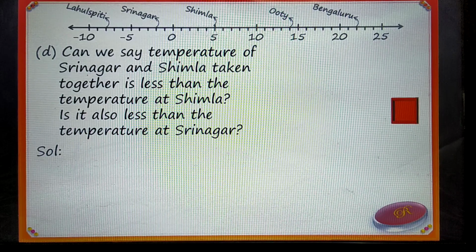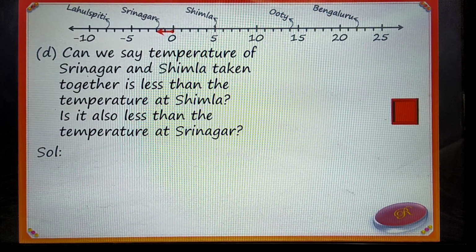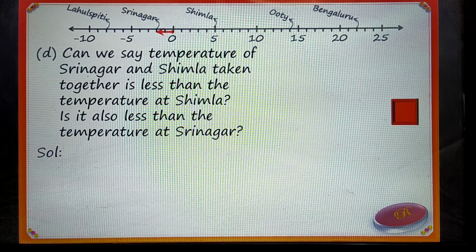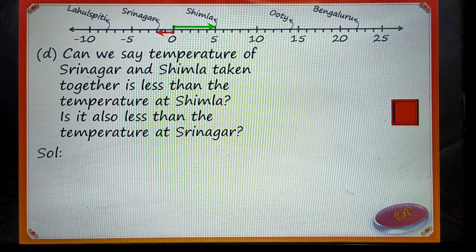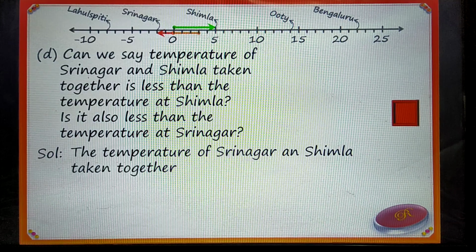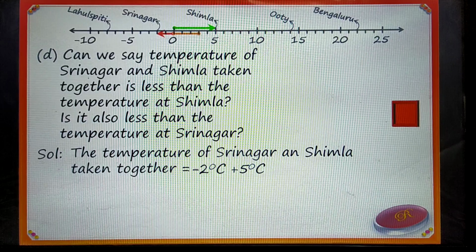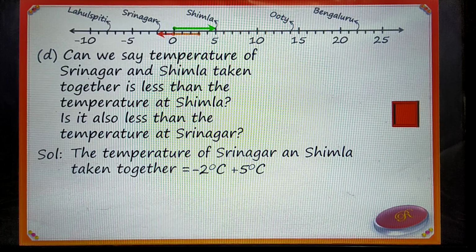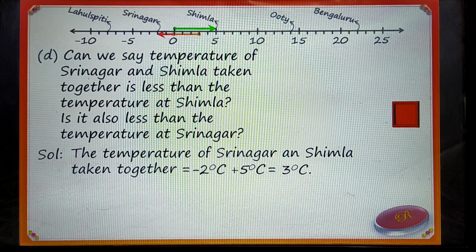The temperature of Srinagar is equal to minus 2 degrees Celsius and the temperature of Shimla is equal to 5 degrees Celsius. Therefore, the temperature of Srinagar and Shimla taken together is equal to minus 2 degrees Celsius plus 5 degrees Celsius, which is equal to 3 degrees Celsius.